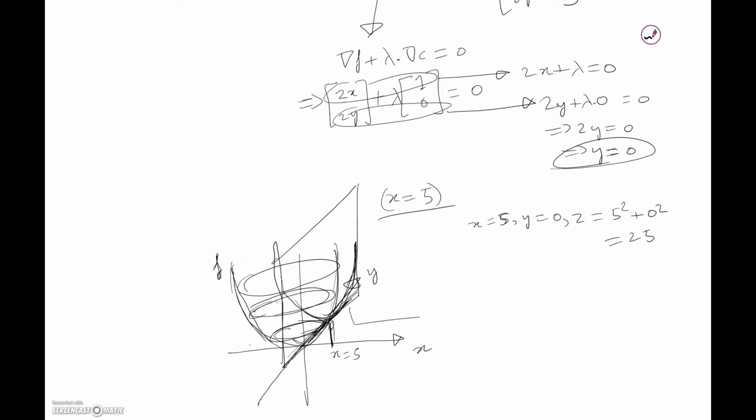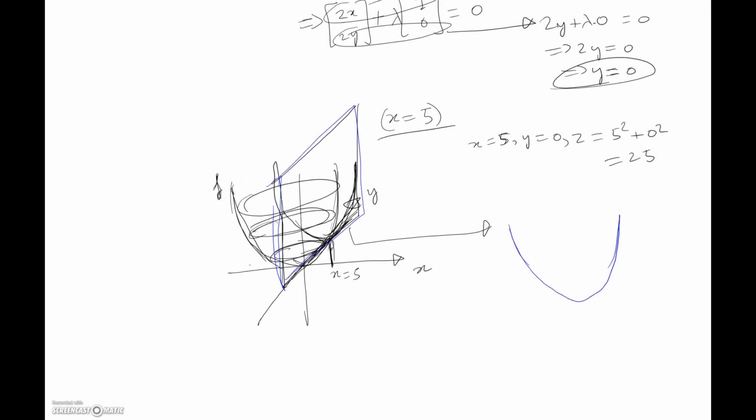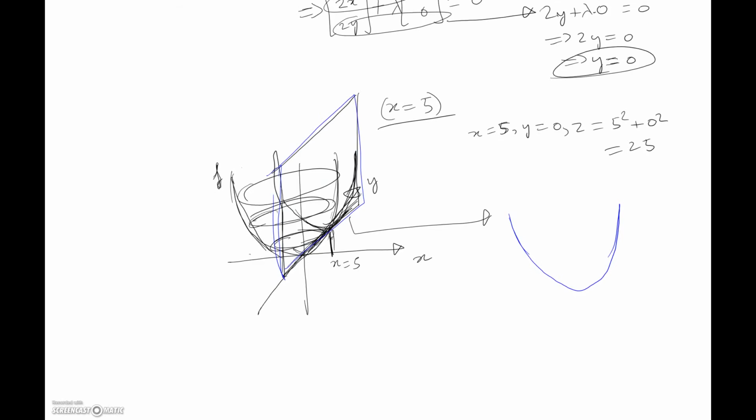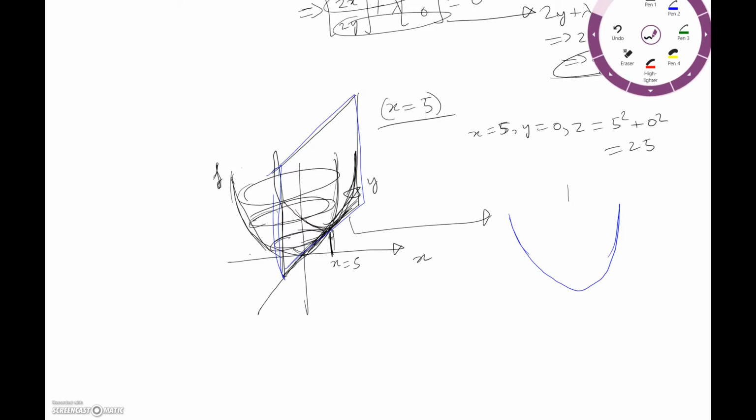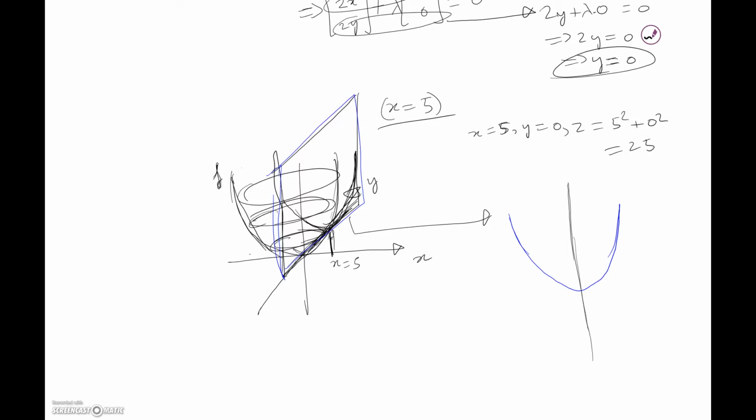So now let's look at this parabola in more detail. I'll draw it in a different color. Let's look at this plane x equals 5, and let's draw the z-axis somewhere behind it, maybe here. Let's draw this point first, the origin x0, y0, z0, and this is where the unconstrained problem is optimized.